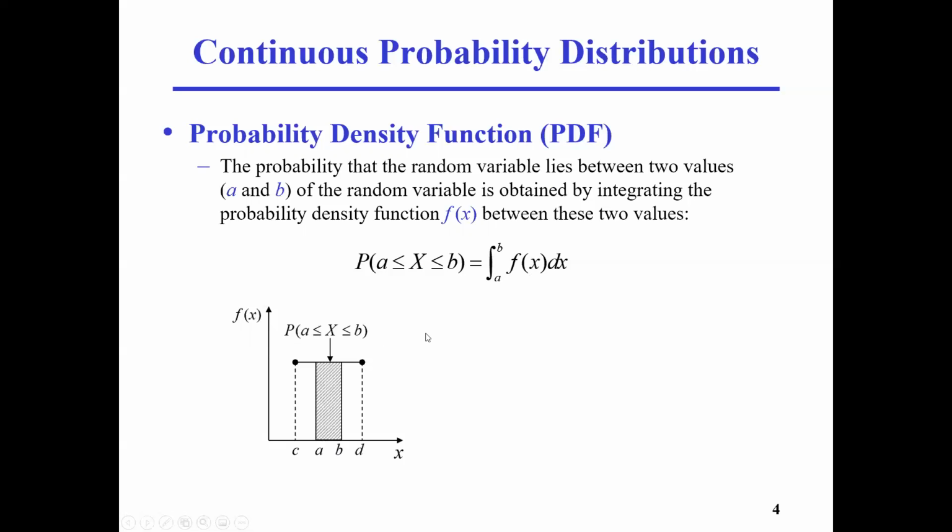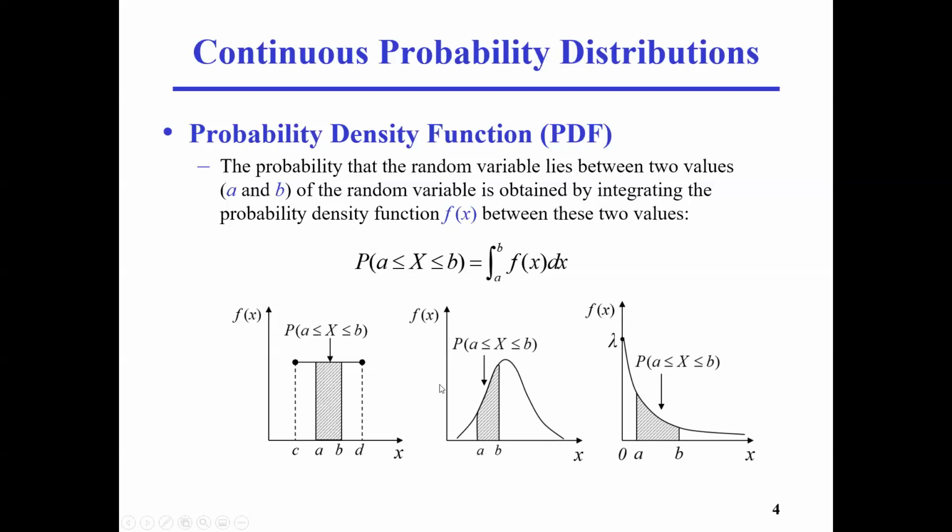Basically, as long as you can draw the curve for the PDF, you can assign two boundaries, A and B. Together, this curve, A, B, and the horizontal axis will form a specific area. You can just shade it, and once you find the size of that shaded area, you find the probability of X being between A and B. Of course, we have different shapes for f(x).